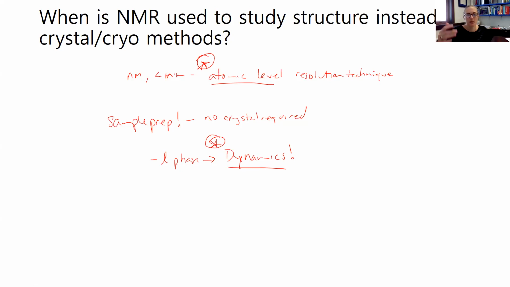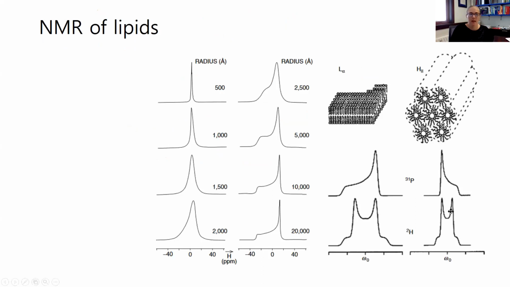And getting into some of the specific samples that NMR is used for, we'll start off with talking about lipids. I have these figures separate, so I'll go over those in more detail in a little bit. NMR for lipids is used for looking at more of the surroundings and the order.